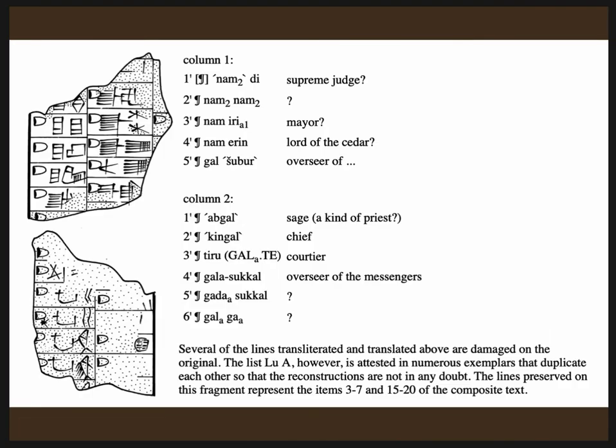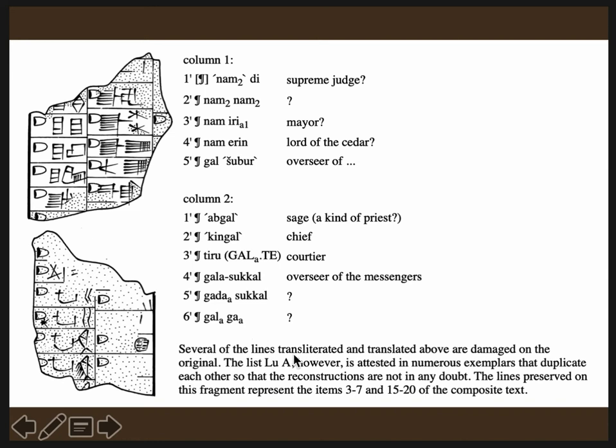So one particular fragment we see here, right, talking about administrators, right? So the supreme judge, the mayor, the lord of cedar, the overseer, right? And then maybe the sage or kind of priest, chief, courtier, overseer of messengers, right?